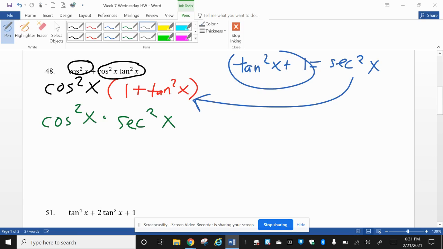And then we'll break everything up into sine and cosine. Cosine squared of x is already written as cosine. Secant is the same thing as 1 over cosine squared of x. Put that over 1. Cancels in both directions, so final answer would just be 1.